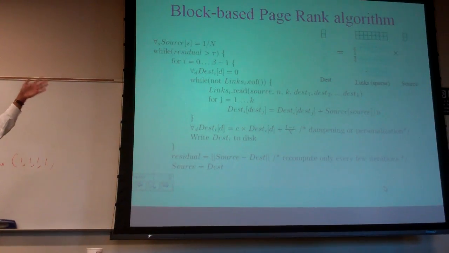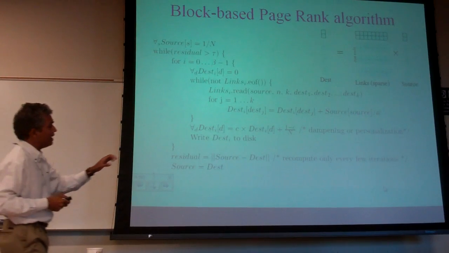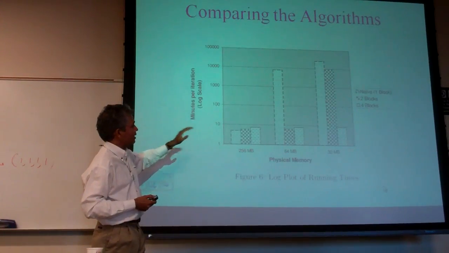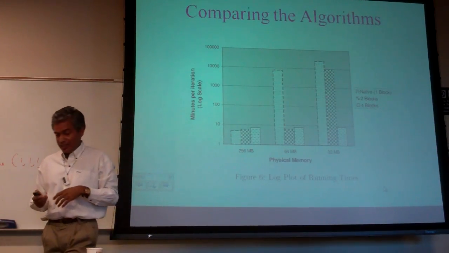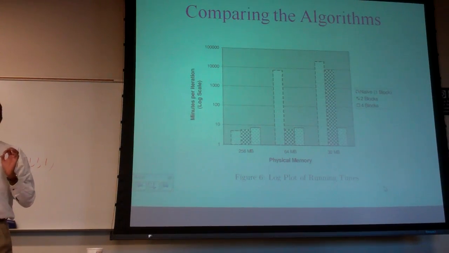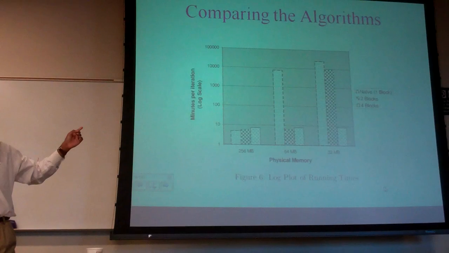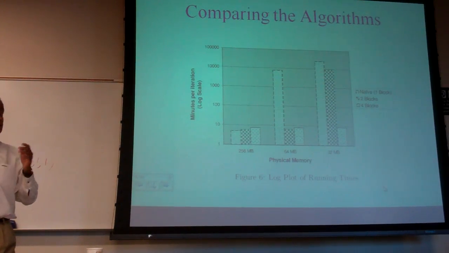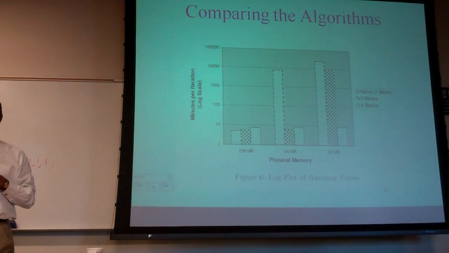Each iteration involves working on each of the buckets and combining the results. And it turns out that even at that time, this is significantly better in terms of runtime. Okay?